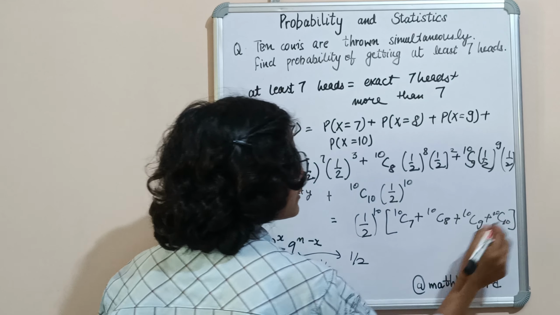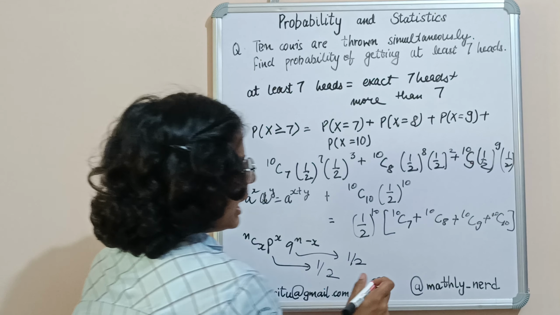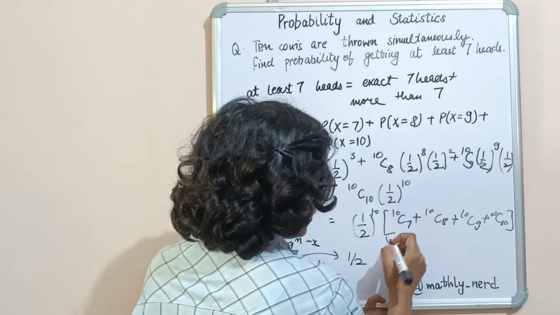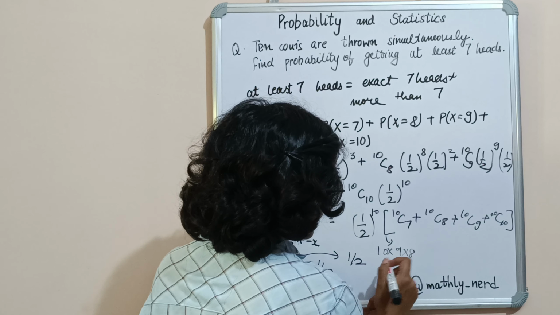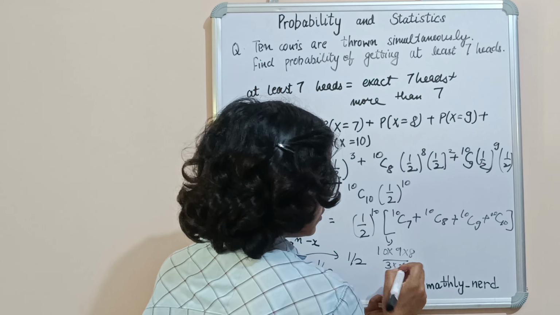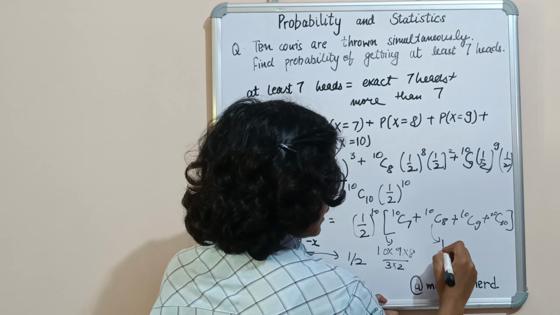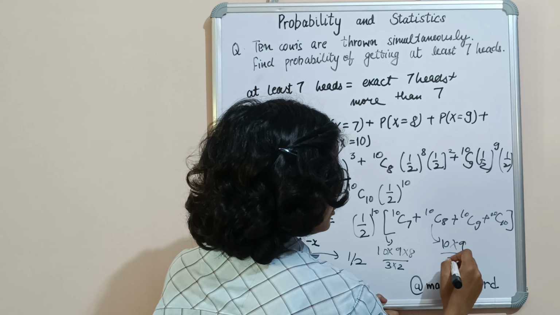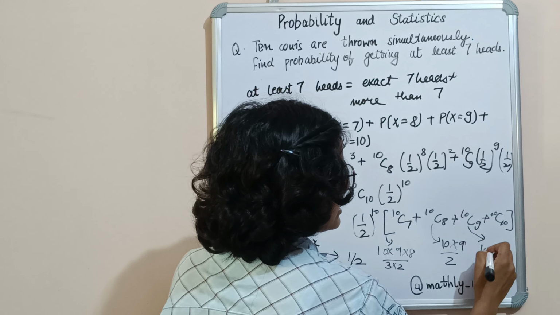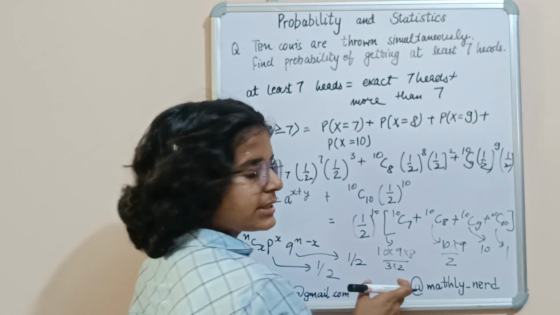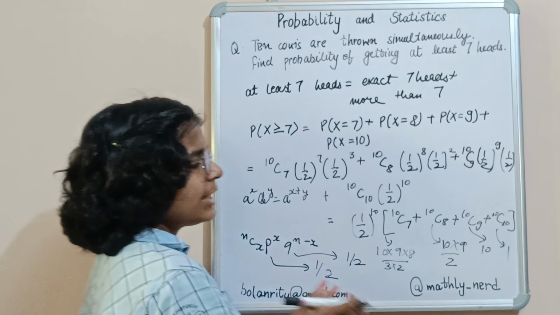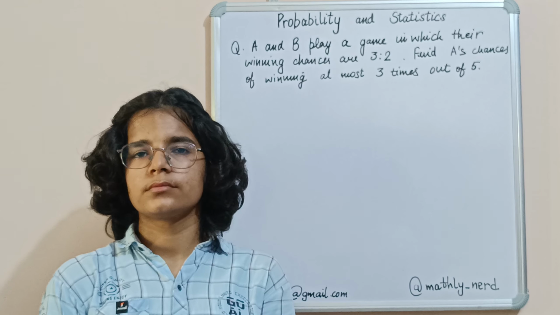This is our answer, and we can also solve this. As we know, 10C7 will be 10 into 9 into 8 divided by 3 into 2. This will be 10 into 9 by 2. This will be 10 and this will be 1. We can also solve this afterwards, or we can leave this as it is.